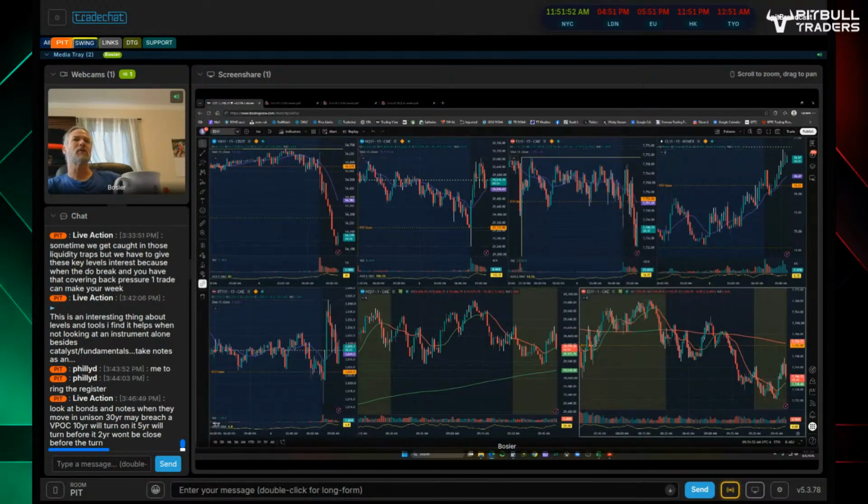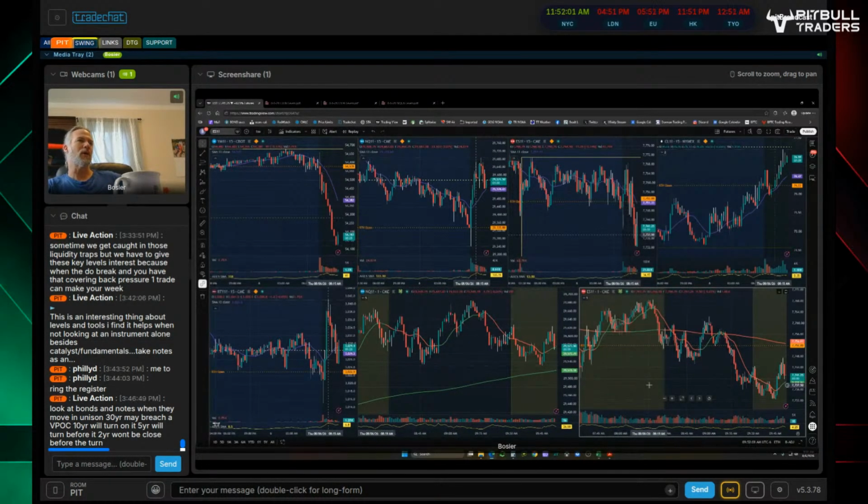You can theorize about it and you can try to find an engine of the day, but you also can just take your setups and know that positioning sort of drives the outcome. Because if the buyers are anxious here, then they'll start bidding it up, right? And if the sellers are anxious, they'll just keep hitting the bid and go out to new lows.